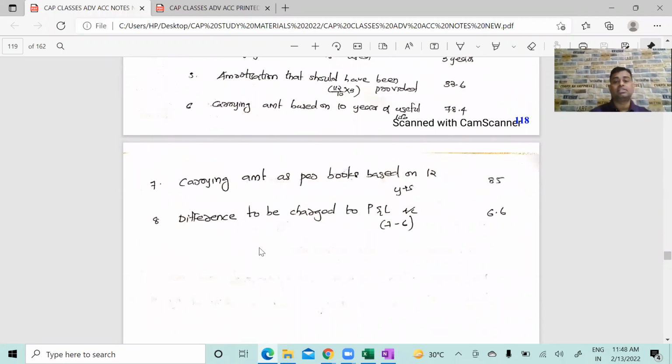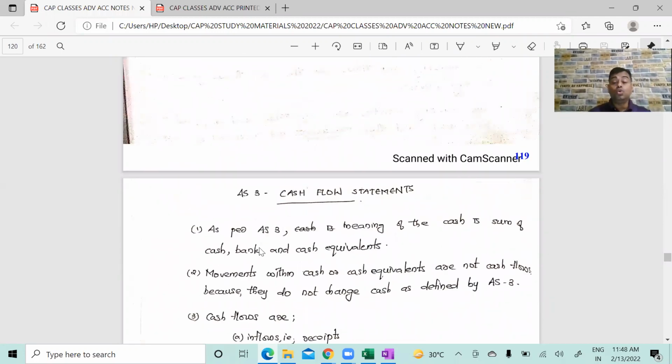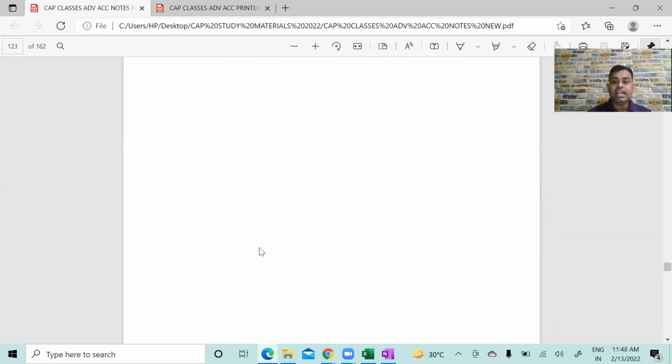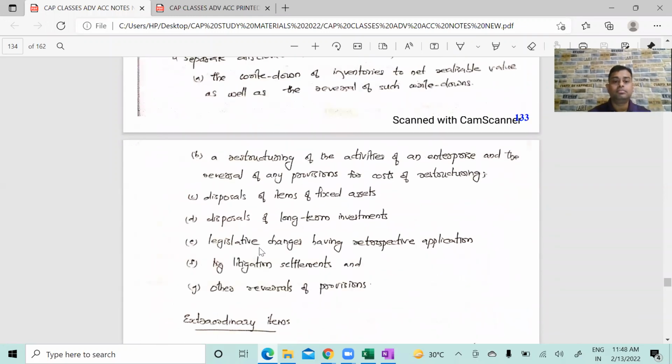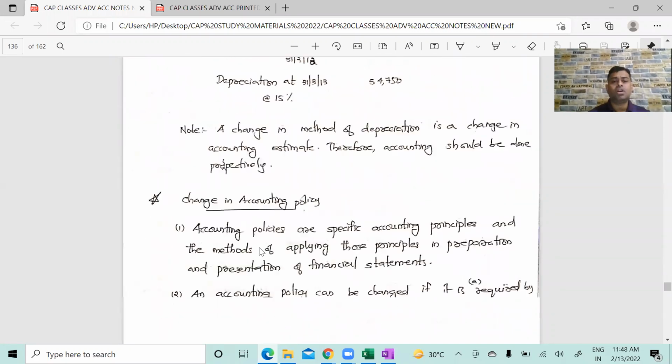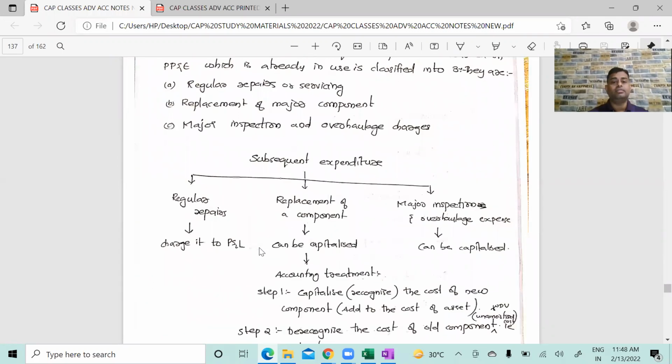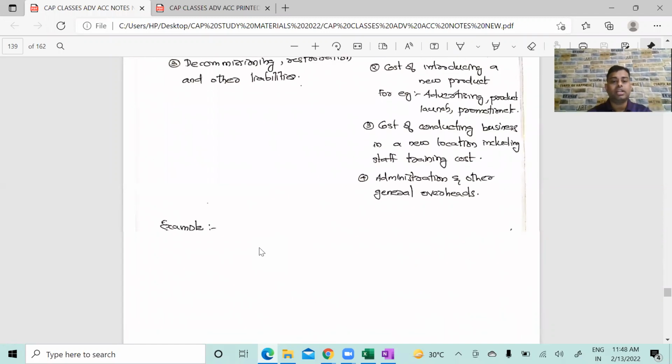After this, you have to do Accounting Standard 20. Accounting Standard 3 is not there for us. Accounting Standard 20. Where is AS 20?